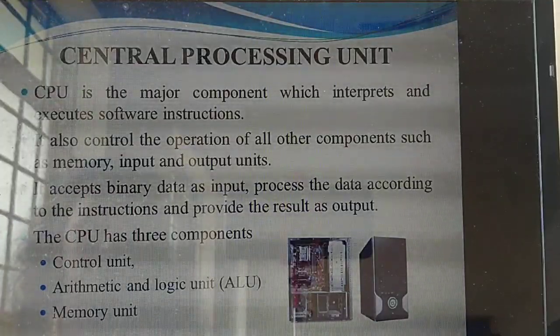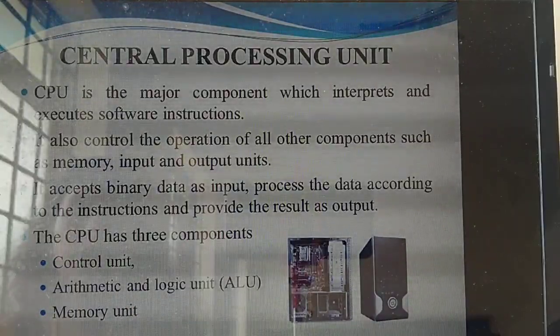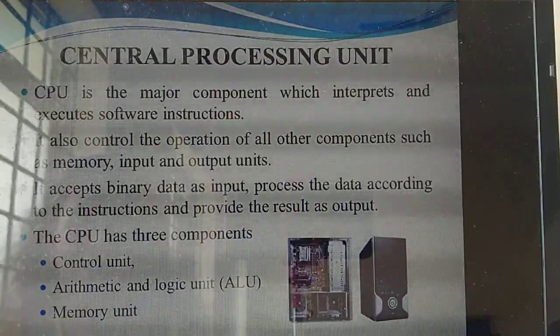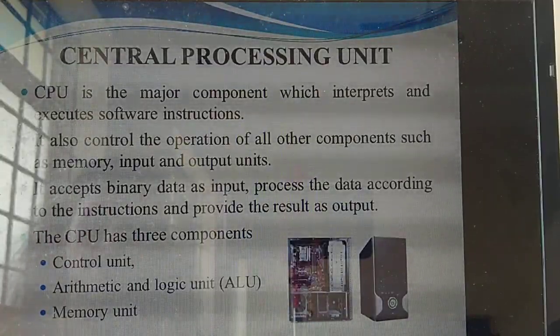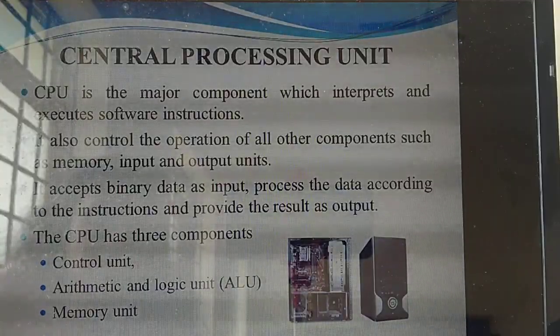The CPU. Understand? Yes. So I am always giving input data. For example, I am typing one sentence, one word, computer science. If I am typing computer science, does the computer accept it as the same English letters? No. If I am typing the word, it will convert it into binary data.